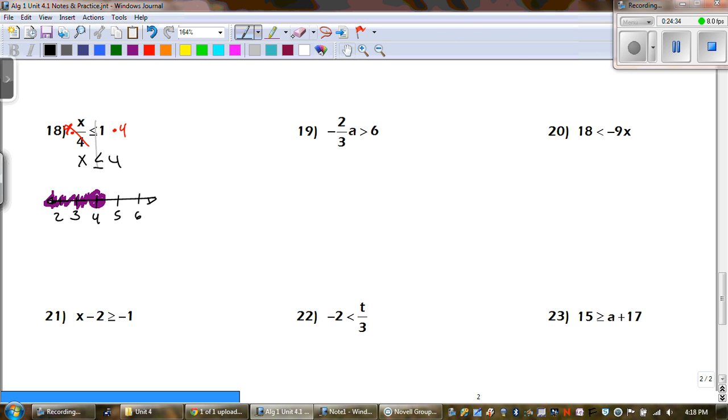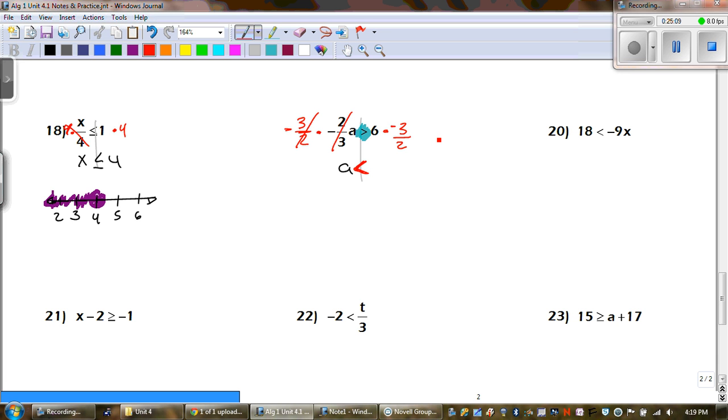All right, last one is going to be number 19. So with number 19, it's being multiplied by a fraction. And to get rid of a fraction, we have to multiply by the reciprocal, okay? So I need to multiply both sides by negative 3 over 2. Now, we're multiplying by a negative, which means I have to switch that sign.